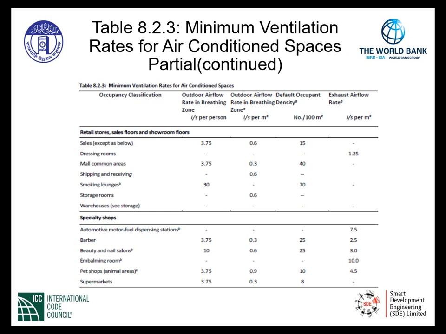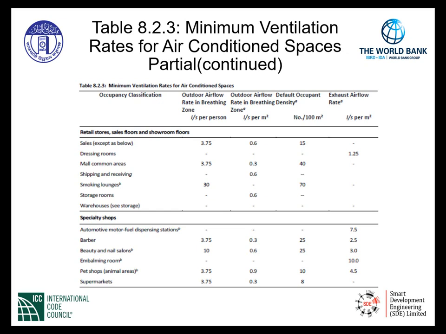Now further, this particular specialty shop also requires an exhaust airflow rate. And as seen in the very last column, it is 3 liters per second per square meter of floor area that is used as beauty and nail salon area.